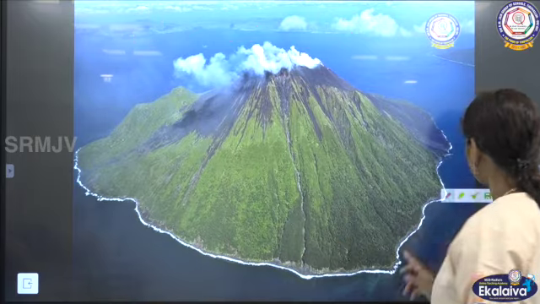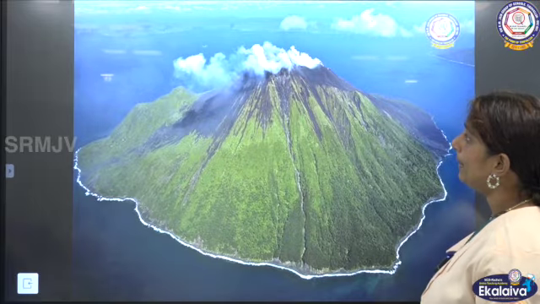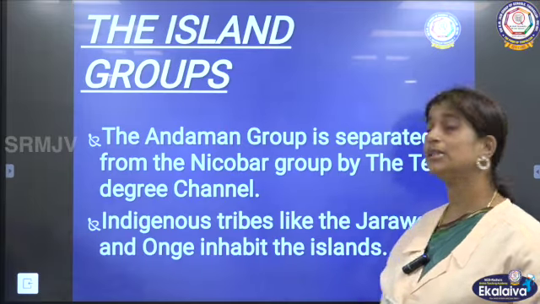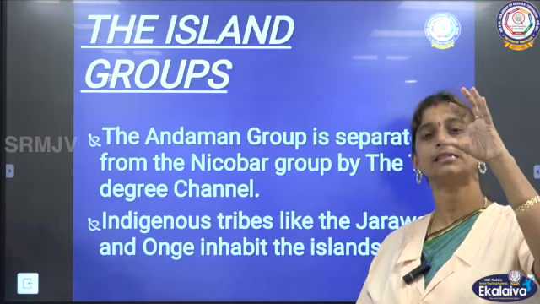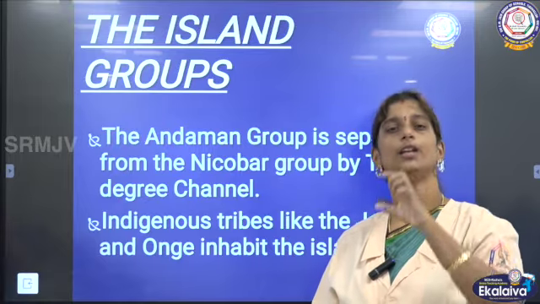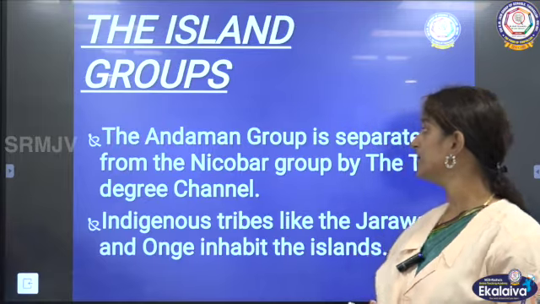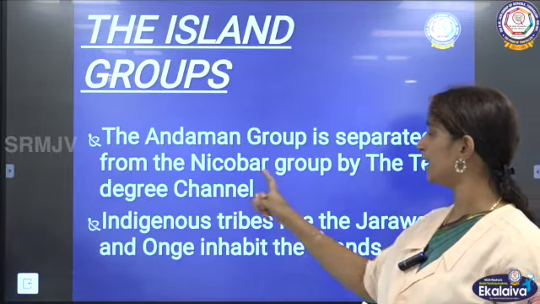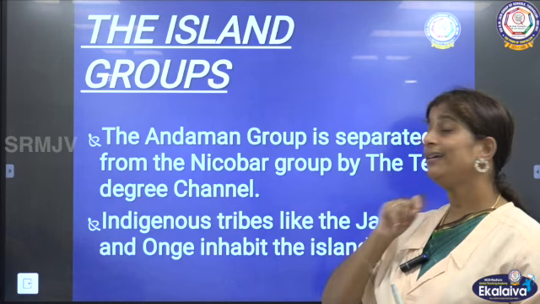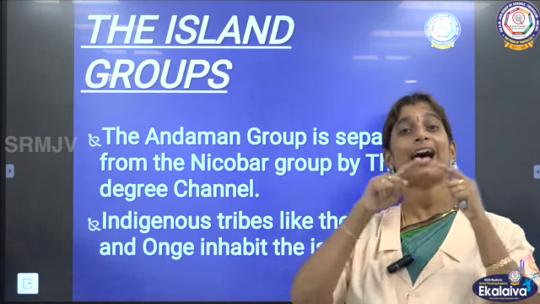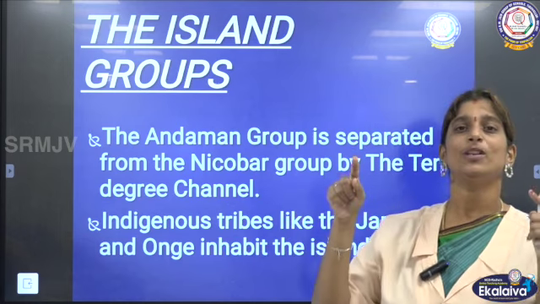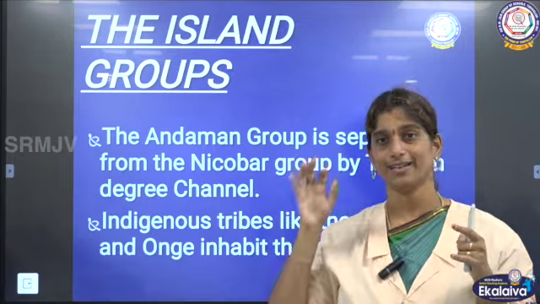Now, the Andaman group is separated from the Nicobar group by a 10-degree channel. That is a latitudinal line which measures 10 degrees.